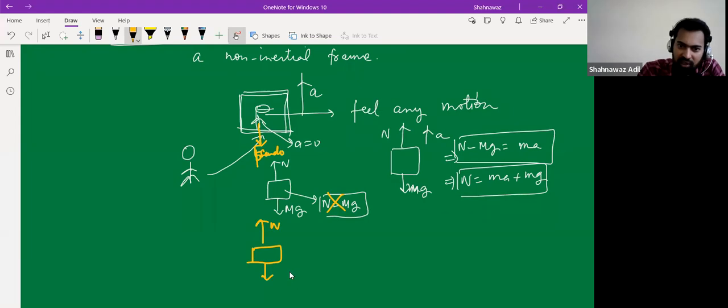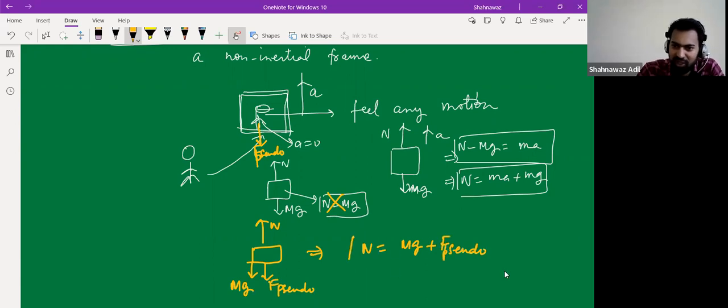So your N will be mg plus F pseudo, right? And what did you say?